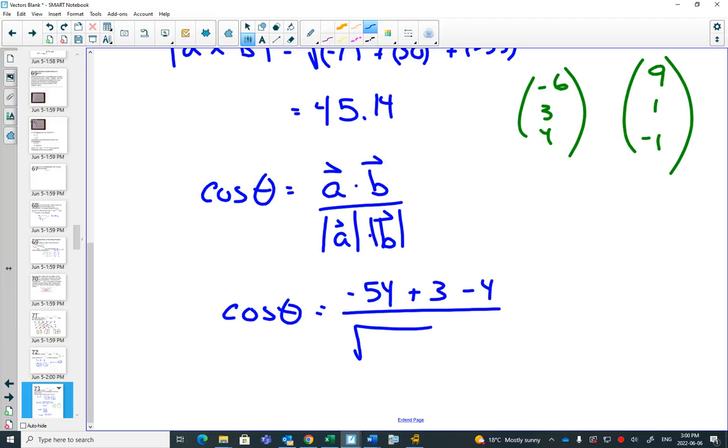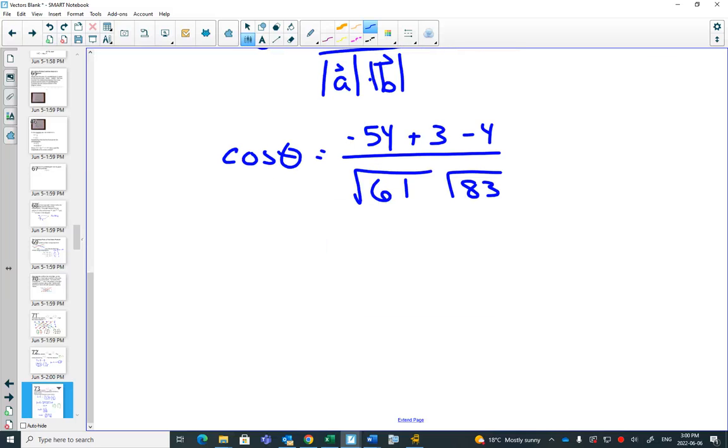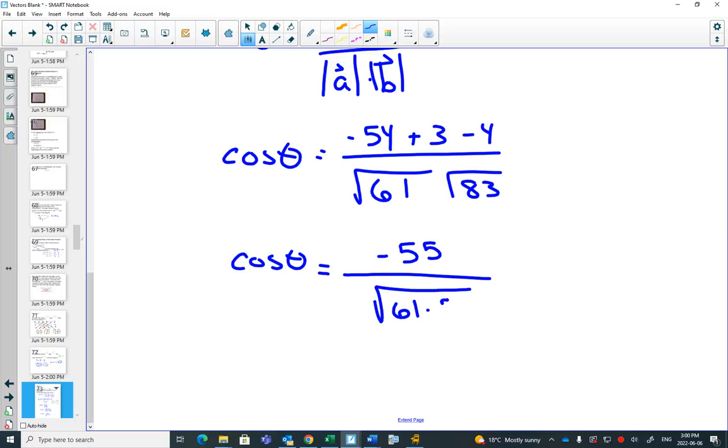The length of A, 36 plus 9, 45 plus 16, 61. The length of B, 81 plus 1 plus 1, 83. So now we can tell that, yes, the angle is obtuse. Because if we do our math on the top, we're going to get -55 over the square root of 61 times 83.